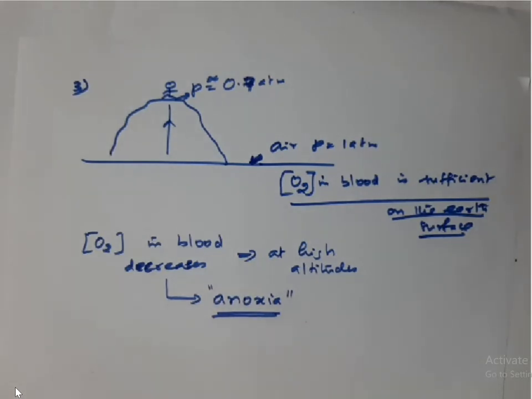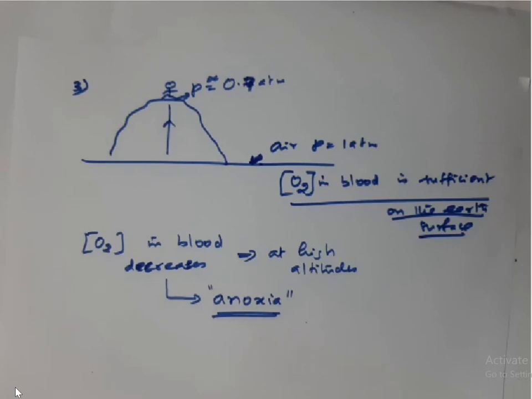So when you go to high altitude, oxygen pressure decreases. Because of low pressure, less oxygen will dissolve in blood. So oxygen concentration decreases. Therefore, whenever oxygen concentration decreases, people will become weak. They are unable to think. You know very well, everyone requires a sufficient amount of oxygen in blood.